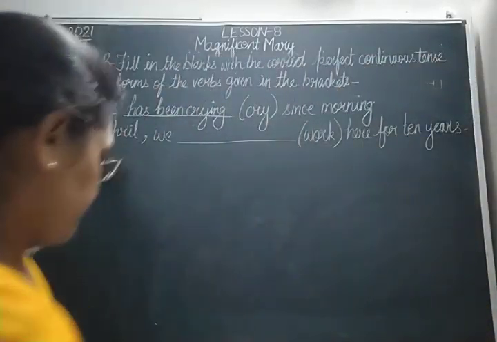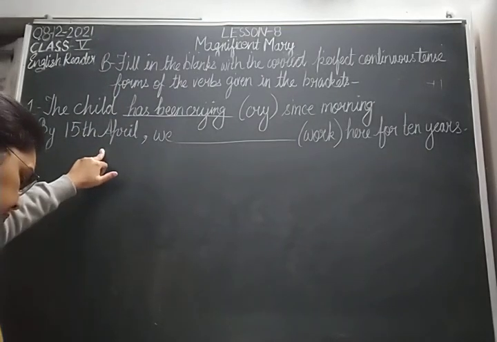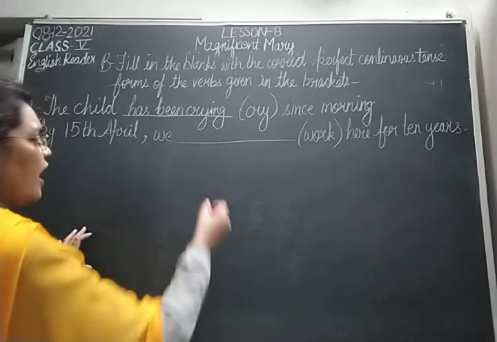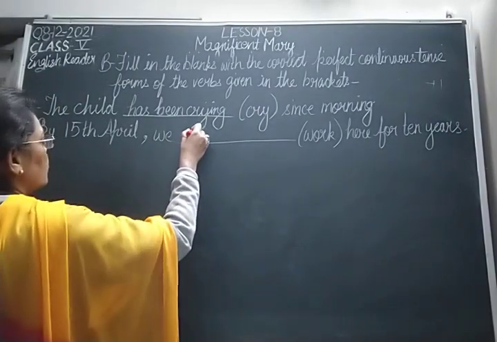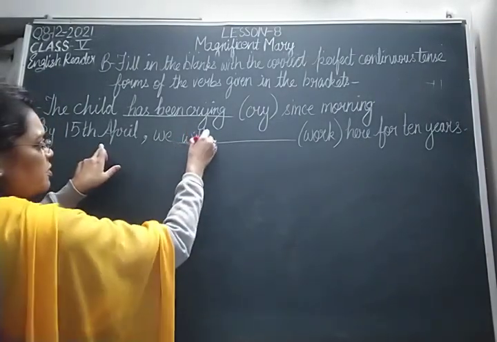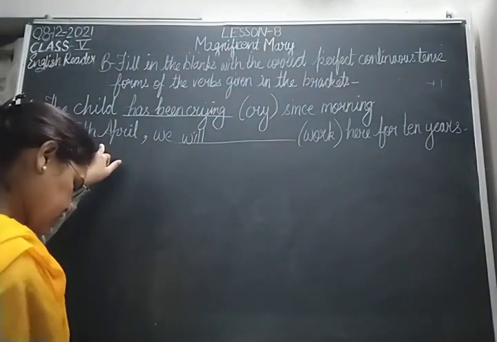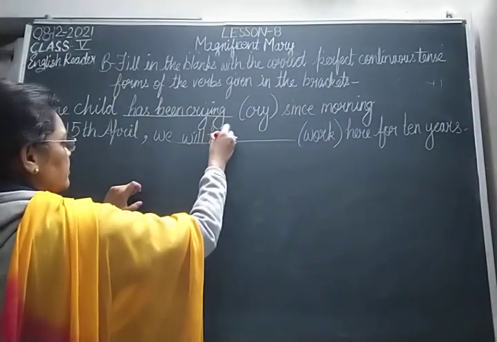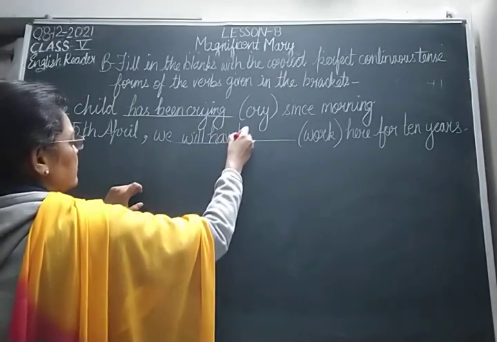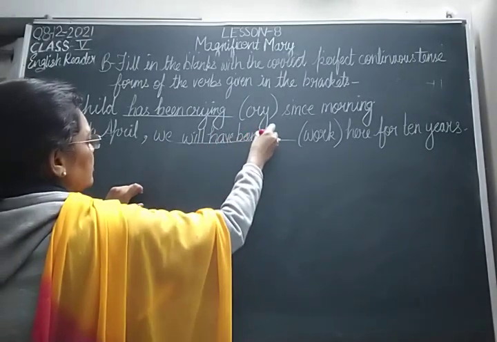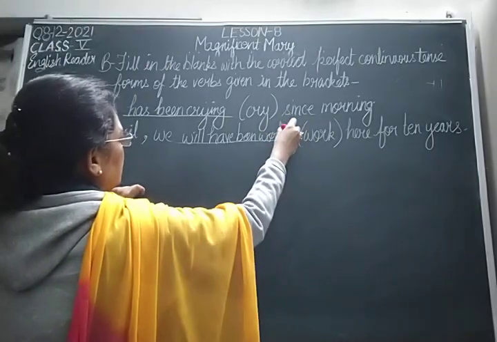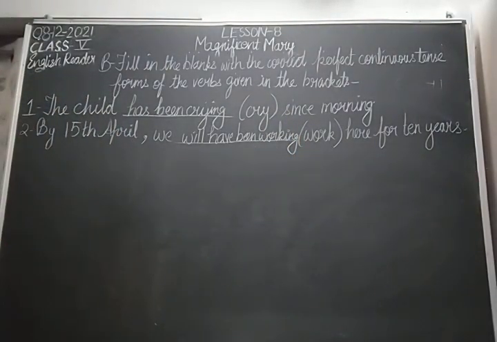So by 15th April we will have been working, because by is written, so future perfect continuous tense. So we will write will have been working here for 10 years. Now the third one.